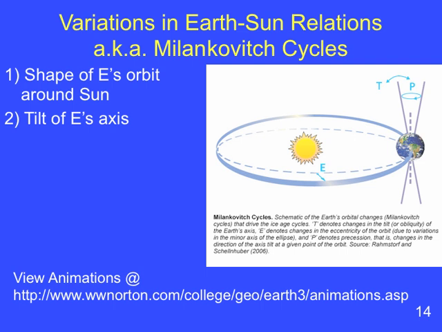Sometimes it might get a little steeper, sometimes a little less steep, so there's variation in the tilt of the Earth's axis, and this is going to affect our seasons. Now, the cycle at which this changes is something like 40,000 years. Every 40 or 41,000 years, the axial tilt comes back around to where it was 41,000 years ago.